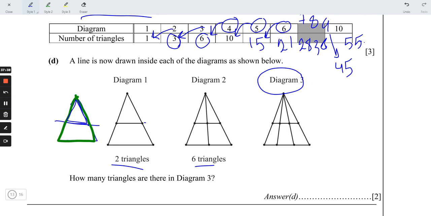We have to give some progression here. Okay, so here we have 6. It's doubled. It was this one here. So 1, 2, 3.